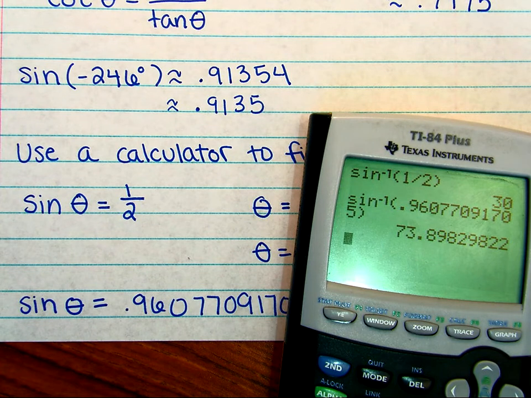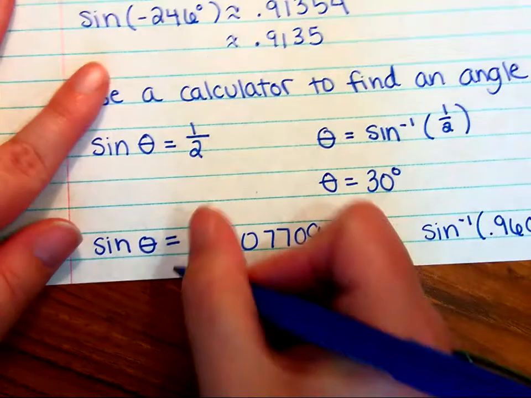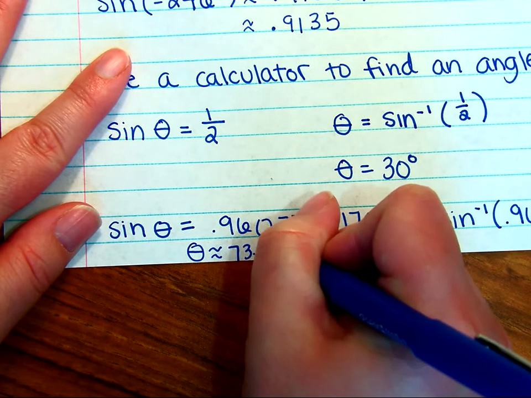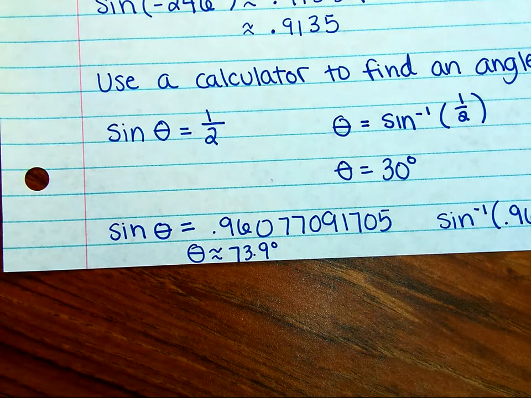Typically, angles, they're going to ask you to round to 1/10 of a degree, so I think that angle is about 73.9. And again, look, I labeled it correctly, okay? So please pay attention.